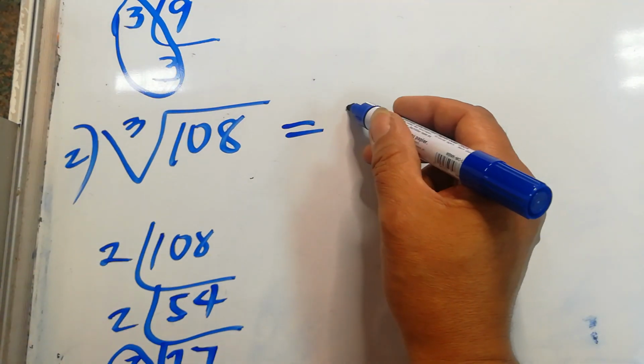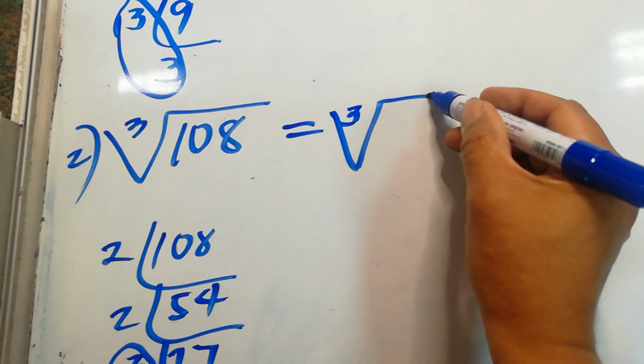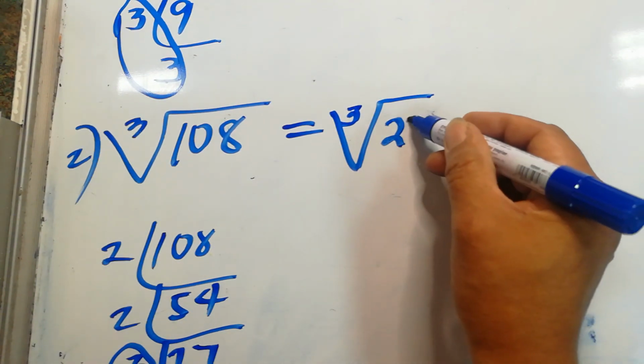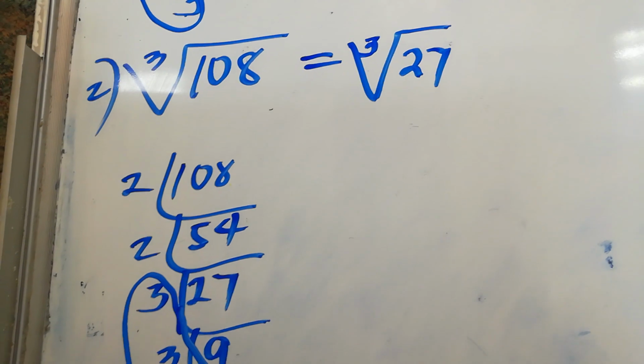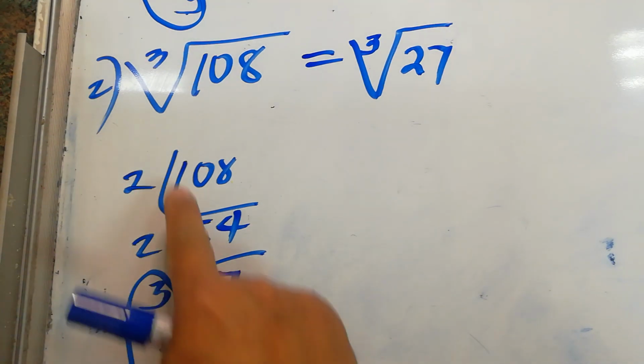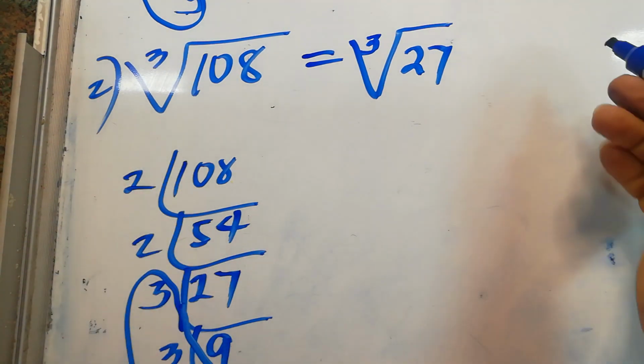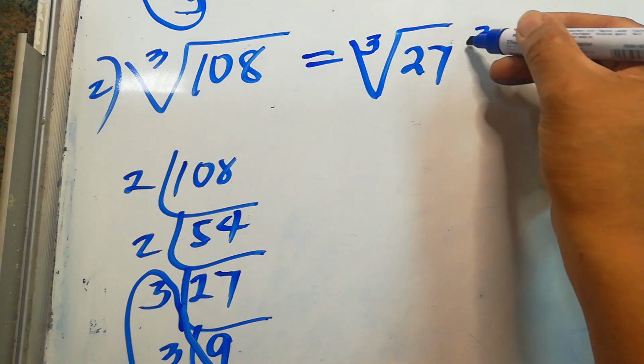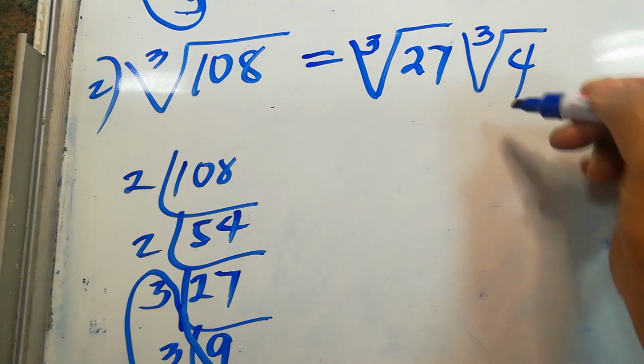So this is the cube root of 3 times 3 times 3, which is 27. And your non-perfect cube factor is 2 times 2, which is 4. So, times cube root of 4.